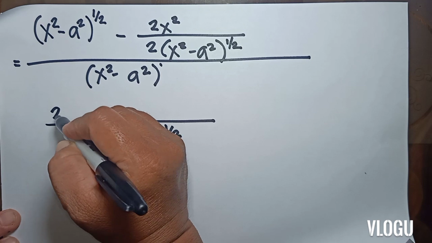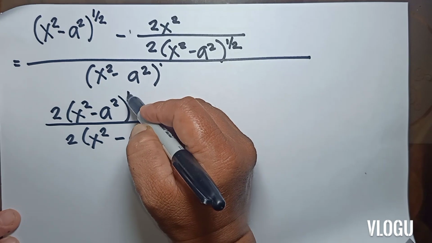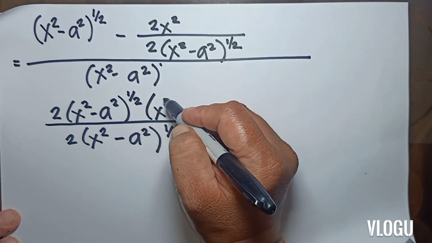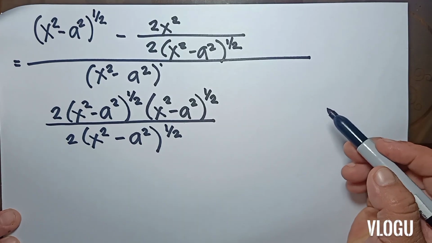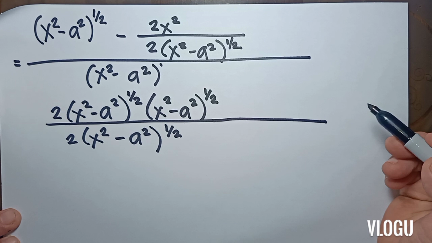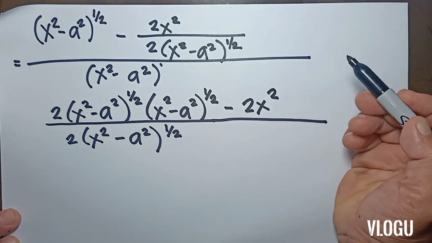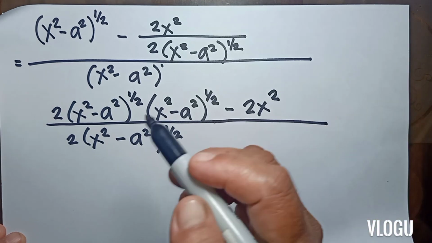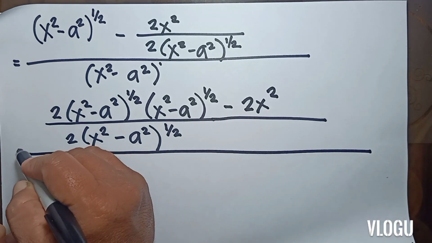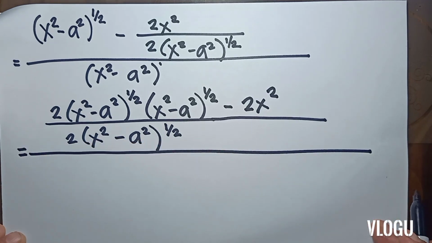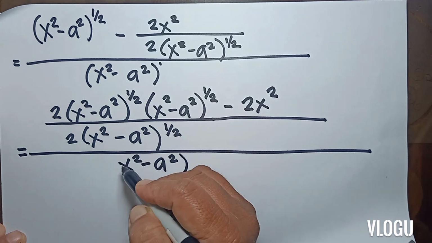So you will have 2 times x squared minus a squared raised to 1/2 times x squared minus a squared raised to 1/2, then minus 2x squared, all over x squared minus a squared raised to 1.